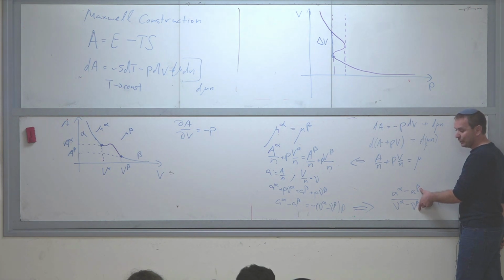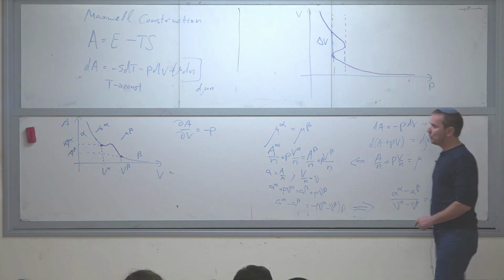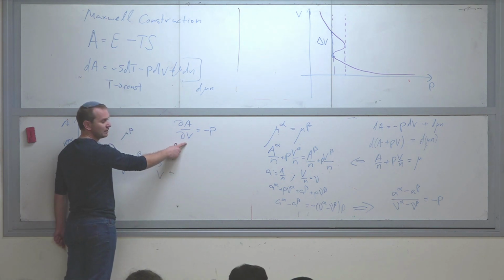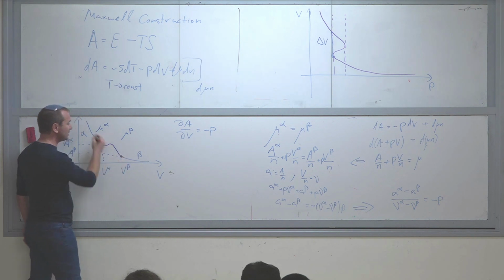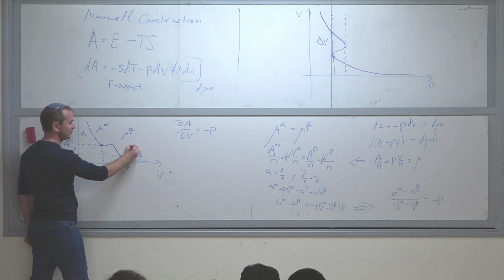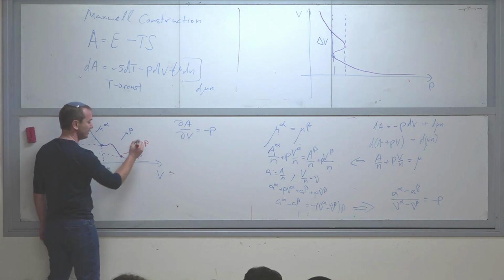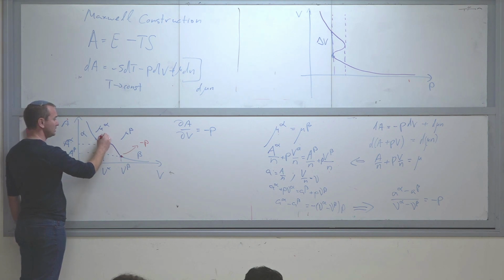The only thing we know is that this quantity over here actually equals minus P. We know that dA/dV equals minus P. So the derivative of A at this point is minus P. The derivative of A at this point is also minus P.